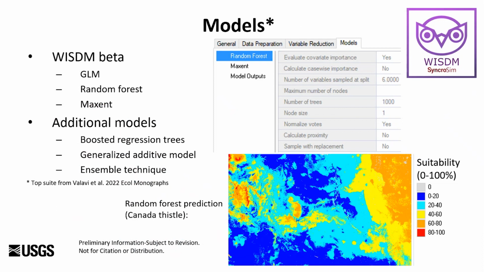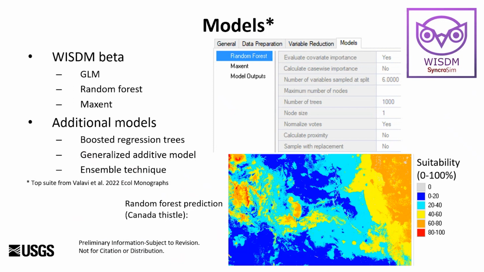So in the beta version we have right now, there's 3 different model algorithms. Generalized linear models, random forest, and maxent are available. And we have plans within the next year to add some additional models. And the suite that we have decided to include are ones in a recent paper looking at performance of a lot of different model algorithms.